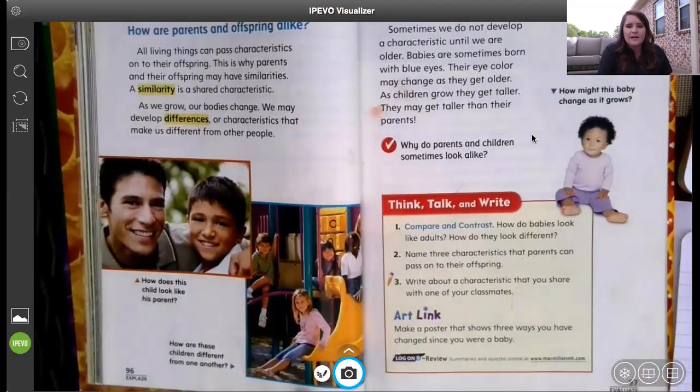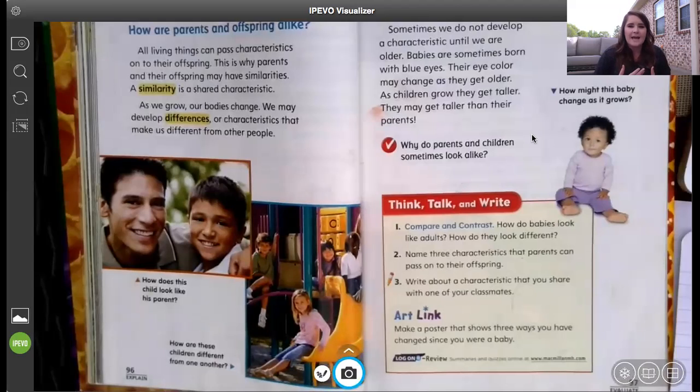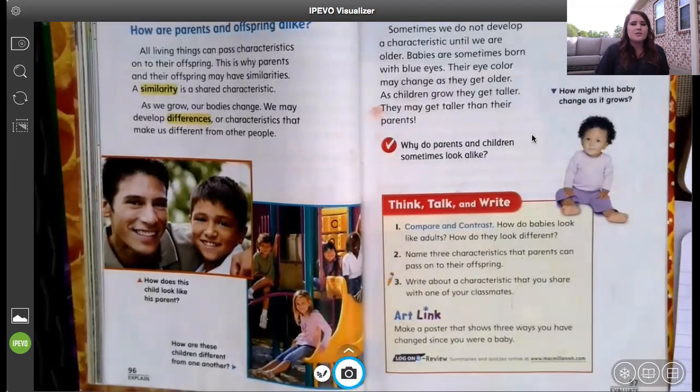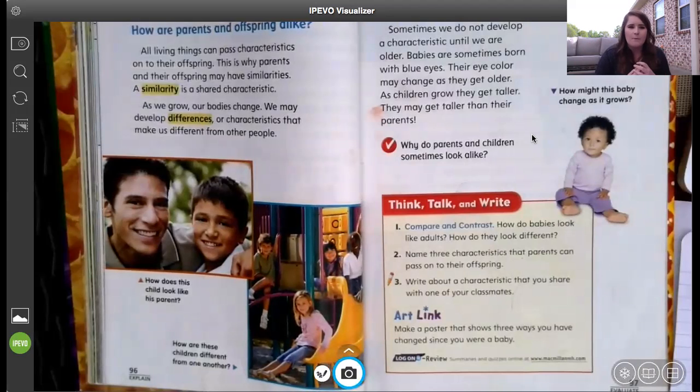So a shared characteristic, something that's similar, something that looks the same. You might have the same kind of hair as your mom. Maybe your hair is curly and your mom's hair is curly. Maybe you both have blue eyes. Maybe you both have a deep skin tone. So some things you are the same as your mom or your dad or both.